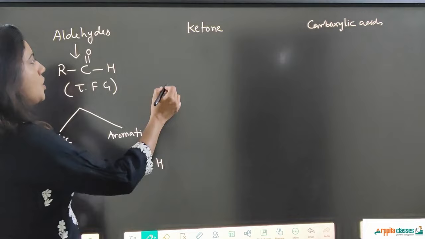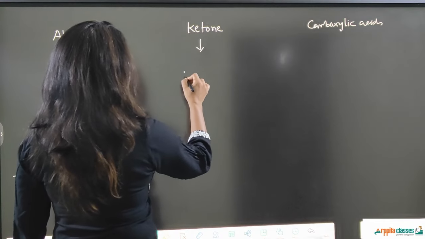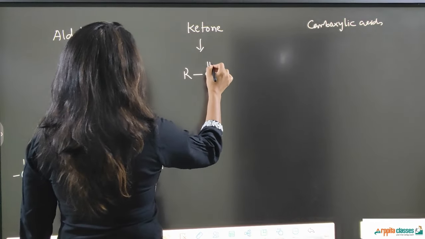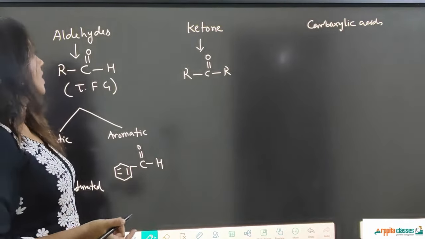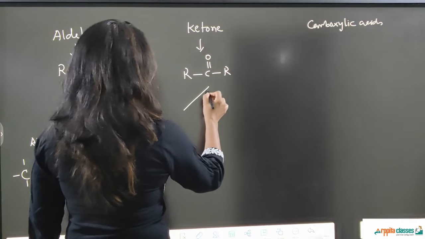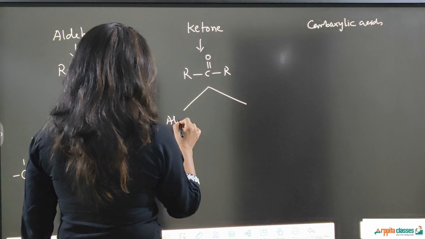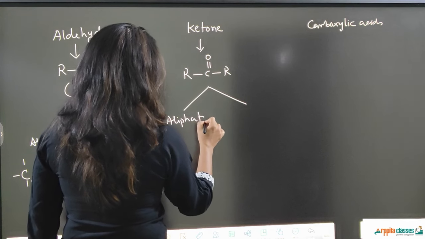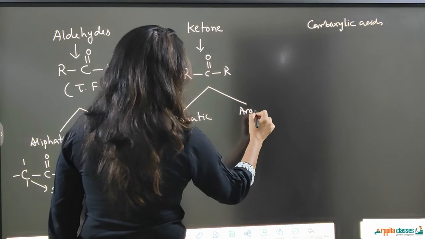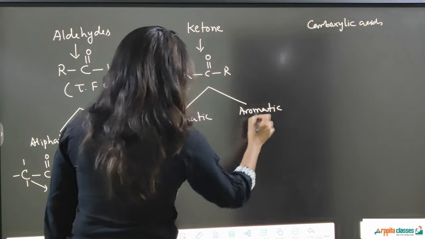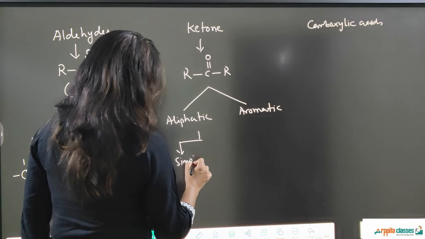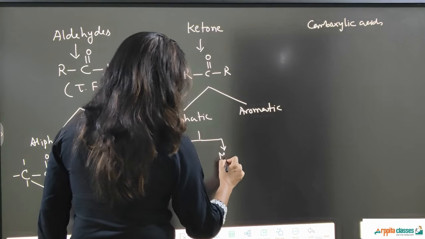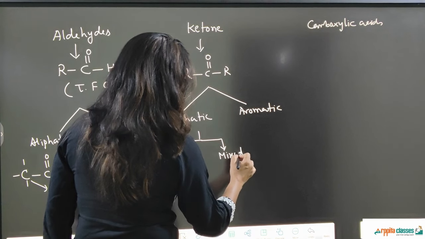Okay. About ketones, the functional group is R, C double bond O, R. That means it is a non-terminal functional group. Okay, ketones are again classified as aliphatic and aromatic. Aliphatic ketones are again classified as simple ketone or symmetrical ketone and mixed ketone or unsymmetrical ketone.